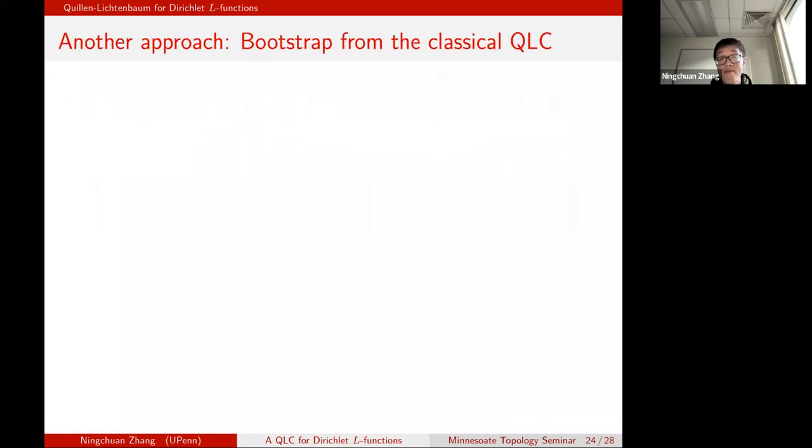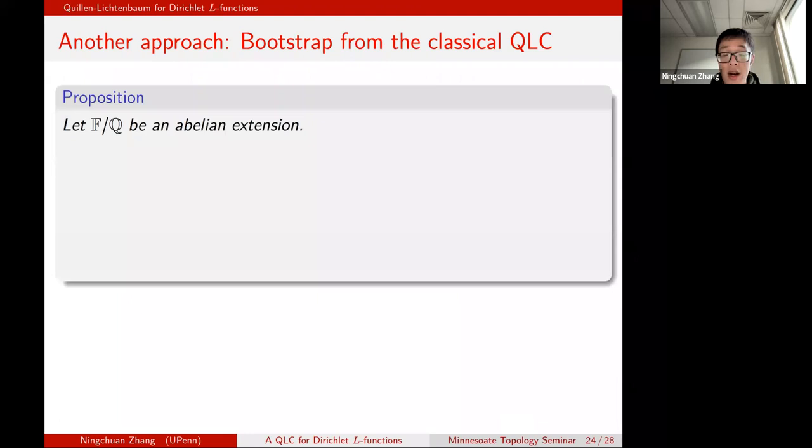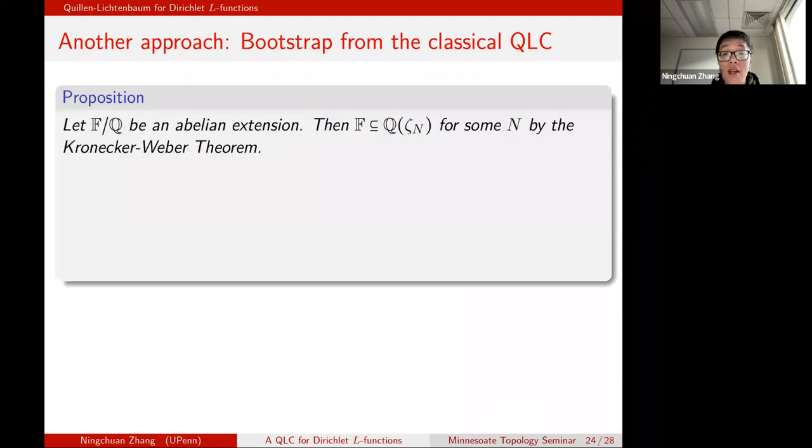Here's another approach: to just bootstrap from the classical Quillen-Lichtenbaum, because there's a relation between the Dedekind zeta function and Dirichlet L functions as follows. Let F be an abelian extension. Then by Kronecker-Weber, it is contained in some cyclotomic extension.